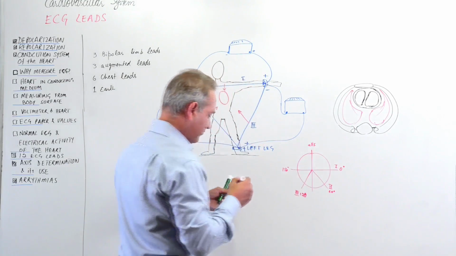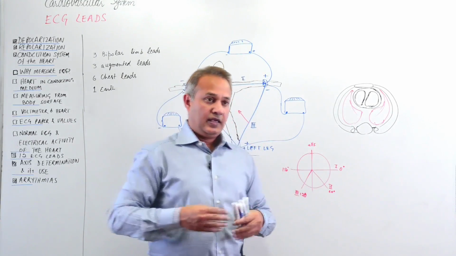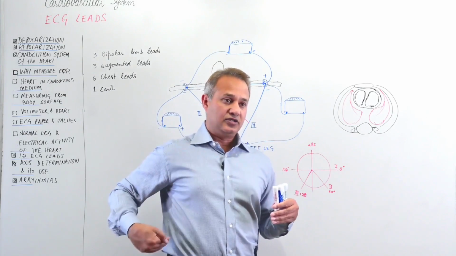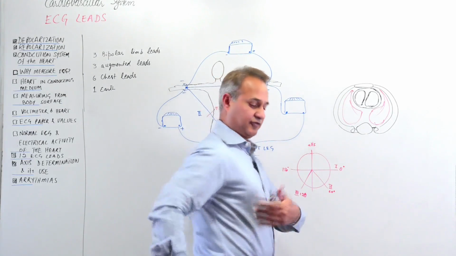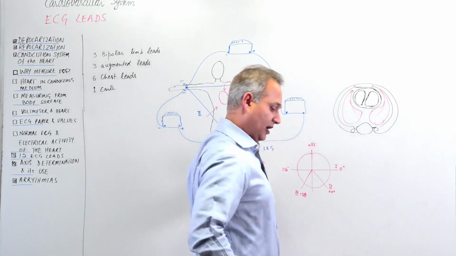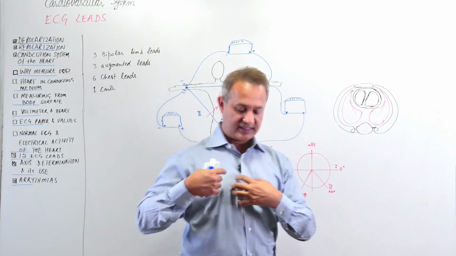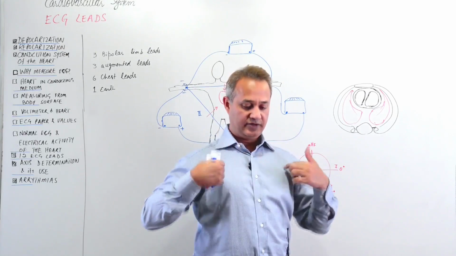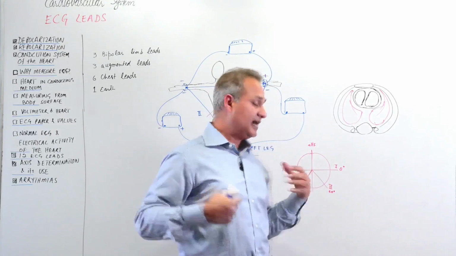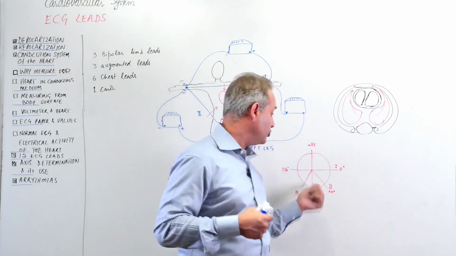If you take a coronal section, so if you cut me, for example, from here all the way half and you insert a circular disc, and in the center of that disc is the heart, this is that disc and these are the views of the leads.